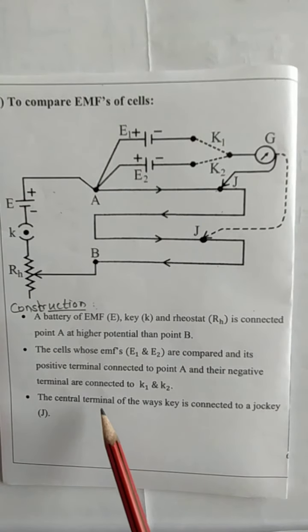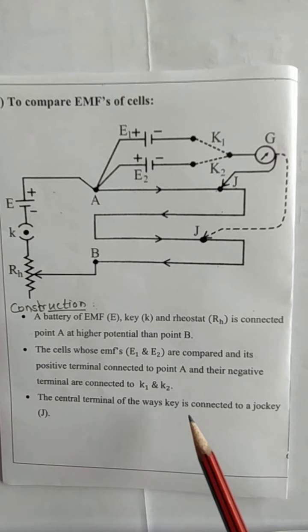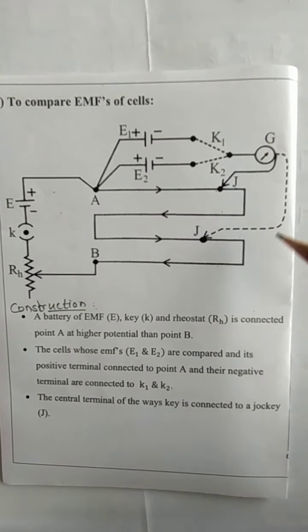The central terminal of the two-way key is connected to the jockey.